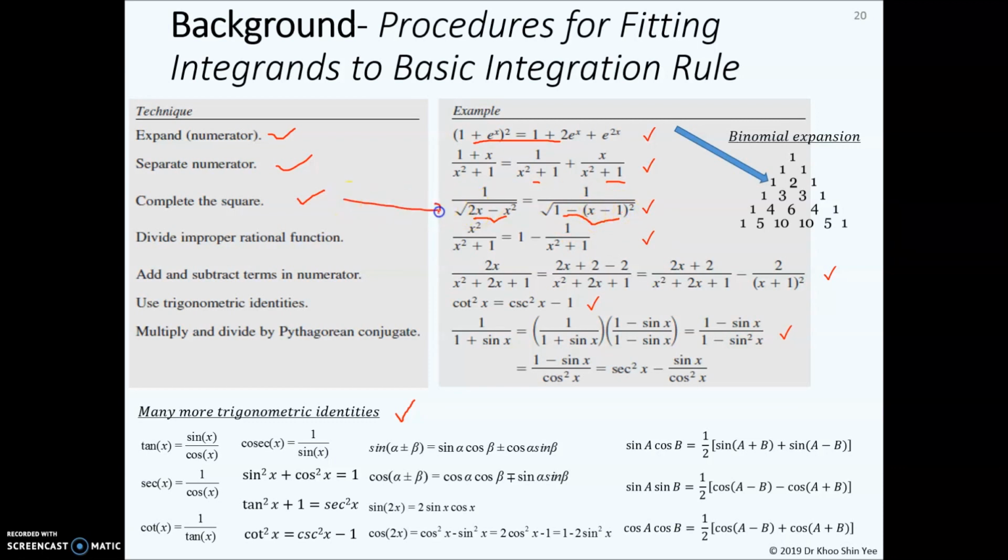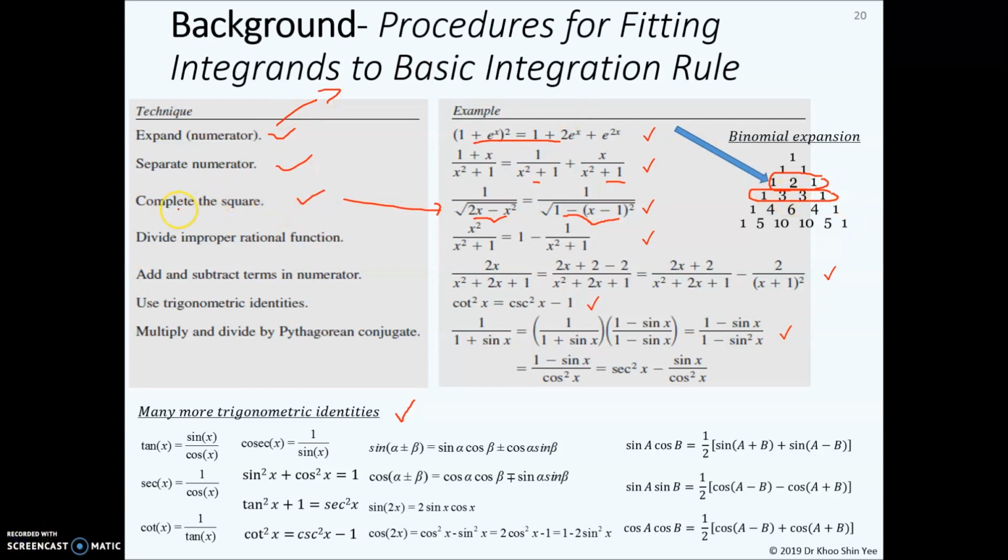Okay, so this one later I will show you more, maybe. Forgot to mention that for the expand case, for the power of 2, we can choose this, where you can see the coefficients are 1, 2, 1. If the power is the power of 3, then you have the coefficients 1, 3, 3, 1.